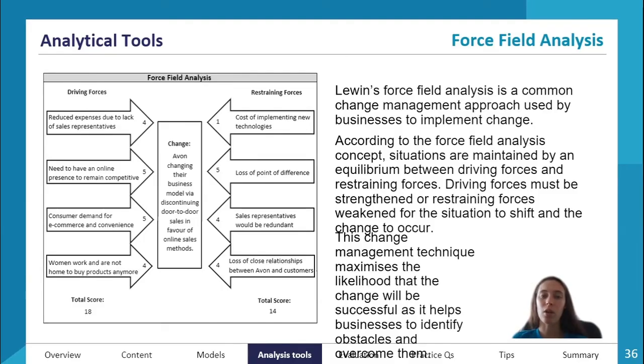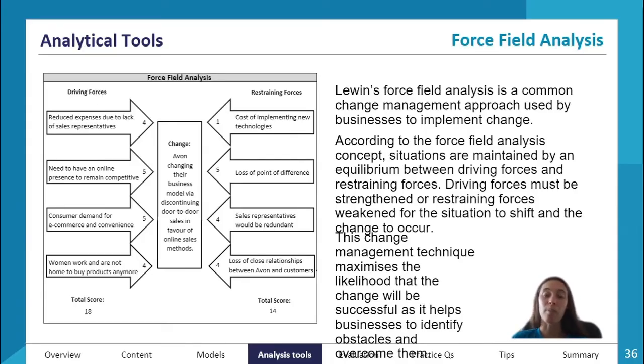So we've got force field analysis to begin with. Lewin's force field analysis is a common change management approach, and it's used by businesses to implement change. And so according to this force field analysis concept, situations are maintained by an equilibrium between driving and restraining forces. So equilibrium in this case is about that balance.